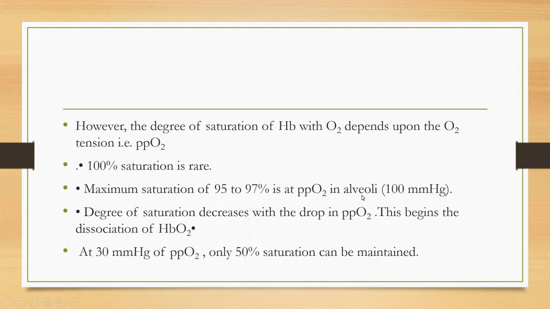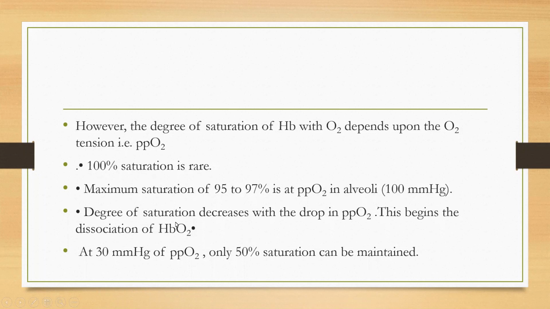We know that when we breathe in, oxygen goes to the alveoli. That means the partial pressure of oxygen is higher there, so more oxygen will combine with Fe. So that is called maximum saturation. Maximum saturation happens in the lungs, basically in the alveoli.